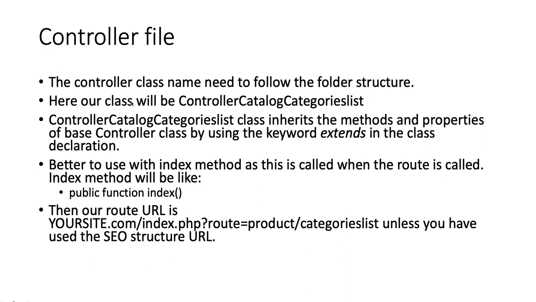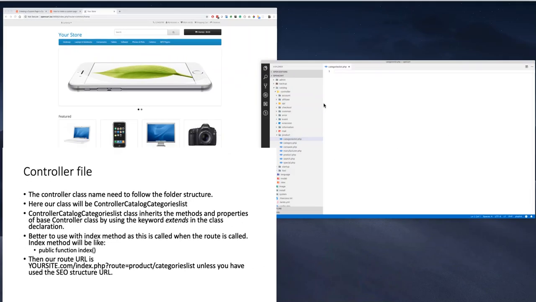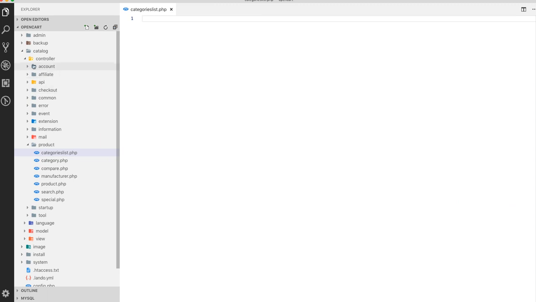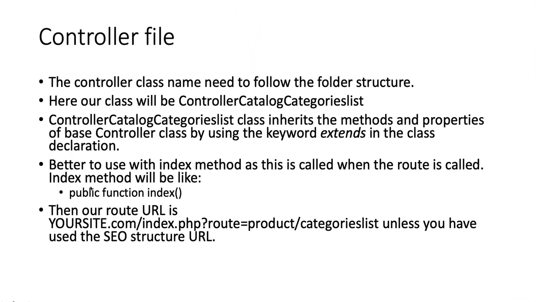So here our class will be controller product categories list, because it is controller, product, and categories list, which is the file. So it should follow the folder structure. The class inherits the methods and properties of the base controller class by using the keyword extends in the class declaration.